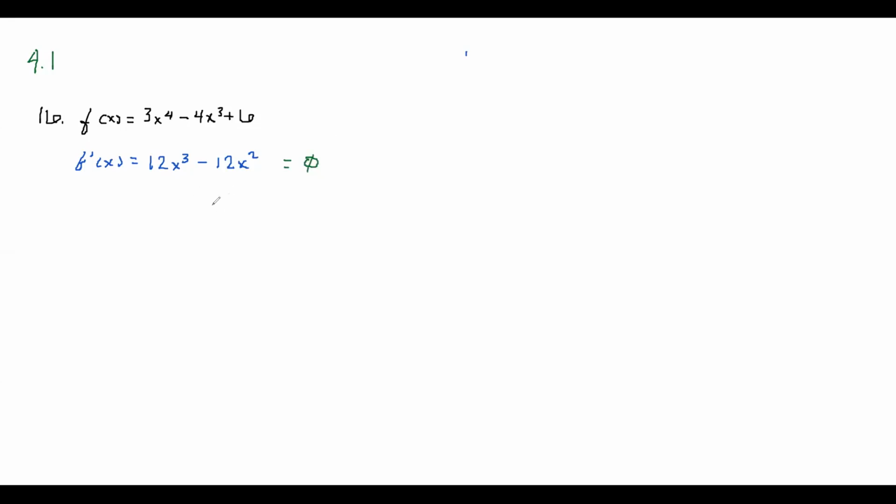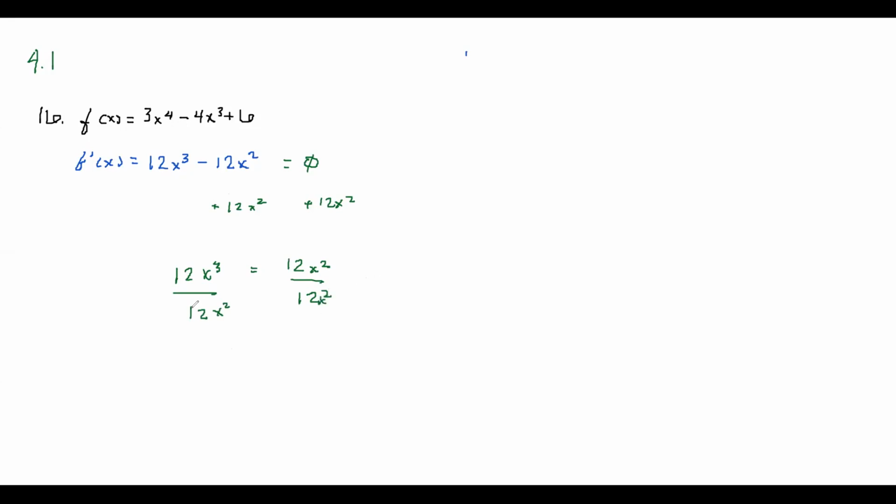So the derivative is going to be equal to 0. What I'm going to do is add 12x squared to both sides. So I'm going to end up with 12x cubed is equal to 12x squared. I'm going to divide by 12x squared.